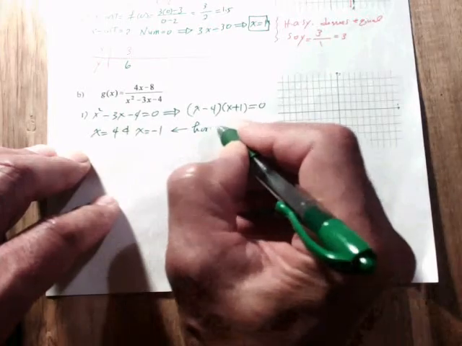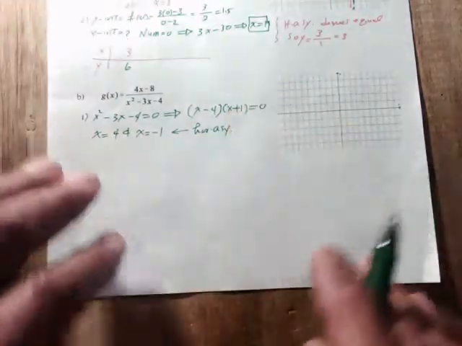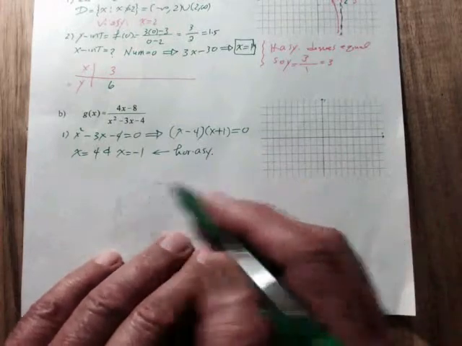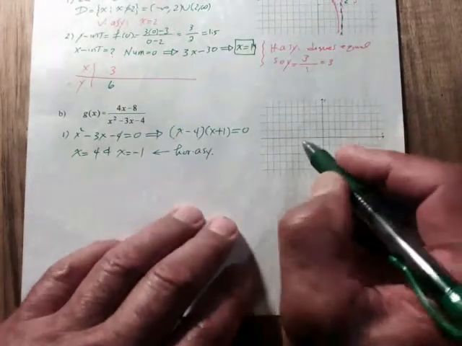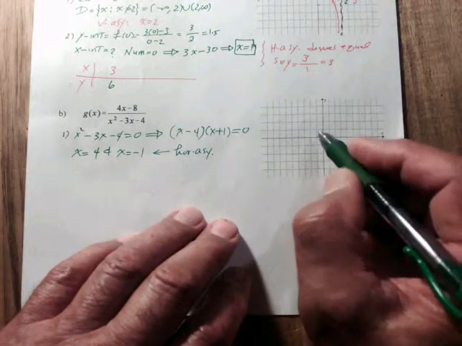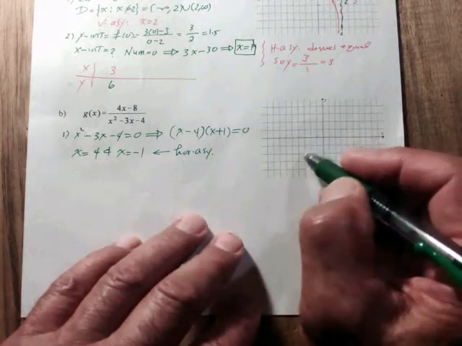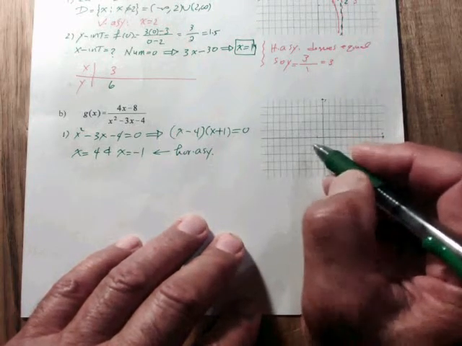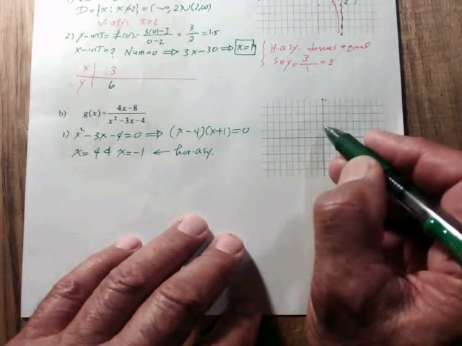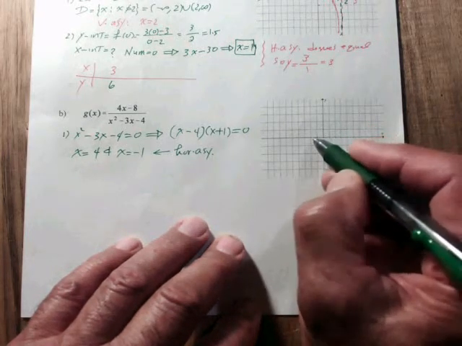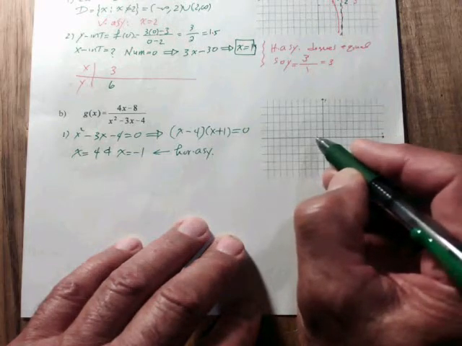Horizontal asymptote. Negative 1 and 4. So -1, and this is -1 right here. Let me see how many units I'm going to get. It's 4. I'm going to use 2 of these divisions as 1 on the horizontal axis.